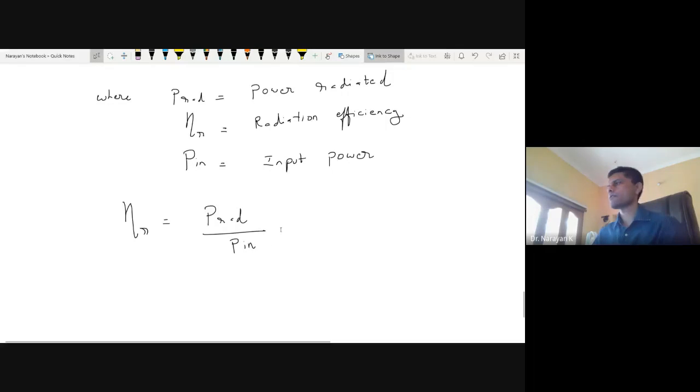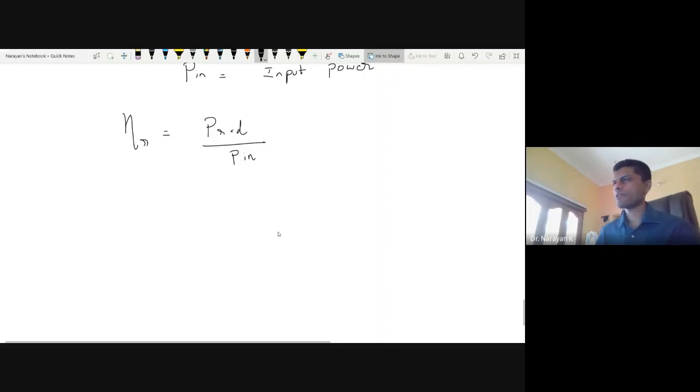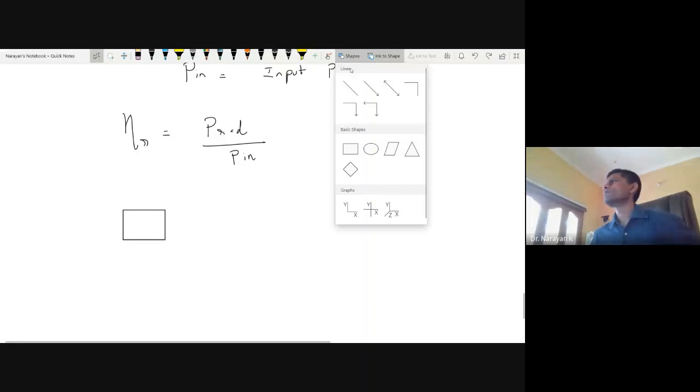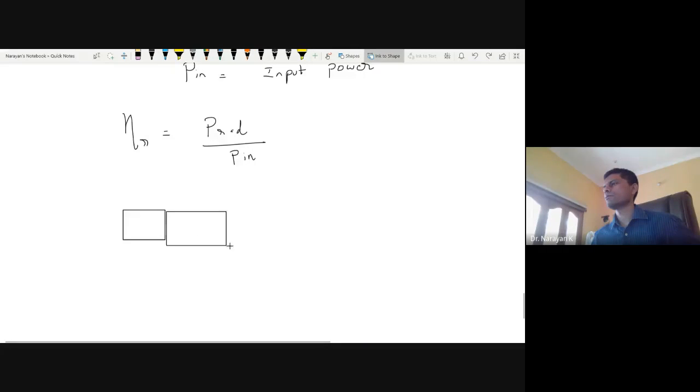So I will just recap whatever we have done so far. This is, suppose, your input source, EM input source. Just let me draw an antenna, so you will know what I'm trying to tell you.